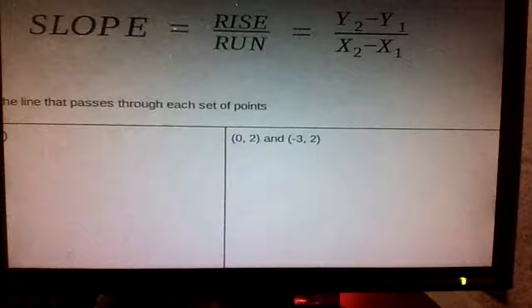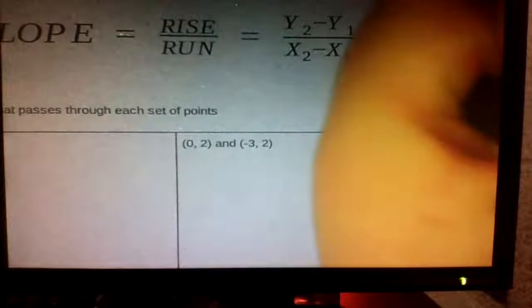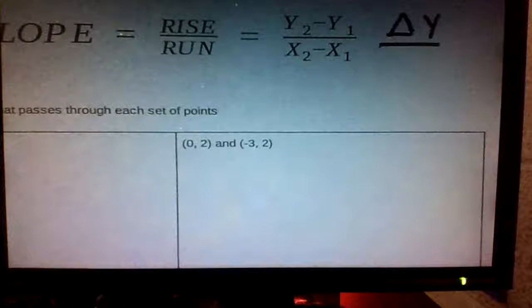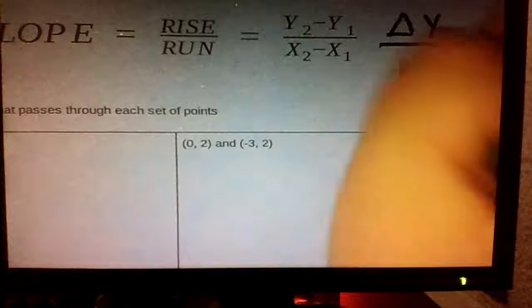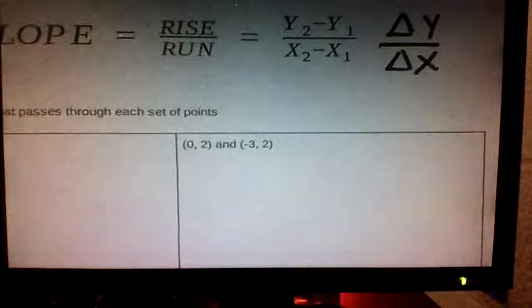The rest of you, I'm going to show you what we've been doing, which seems to be a little bit easier. So y2 minus y1 is the same thing as the change in y. x2 minus x1 is the same thing as the change in x.